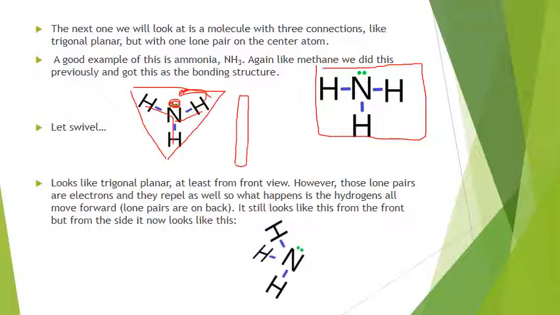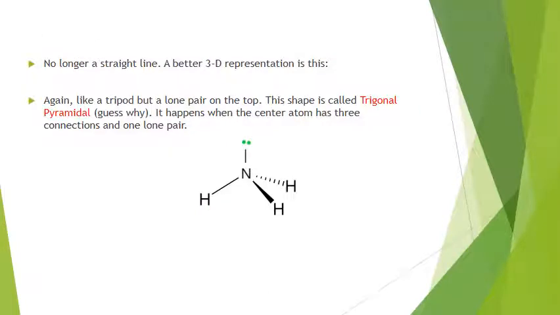For this guy, they're not. So the hydrogens are going to be in one plane, and the nitrogen is going to be up here with its lone pair, and that's because the lone pair pushes these hydrogens down. So from one view, it's trigonal, but from the other view, it's not planar anymore.